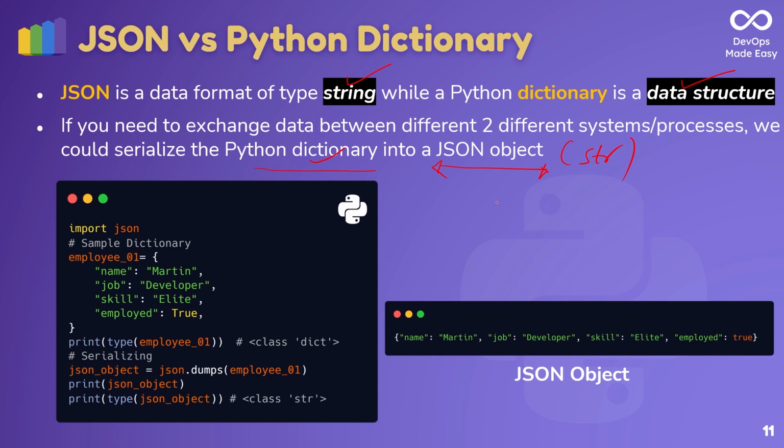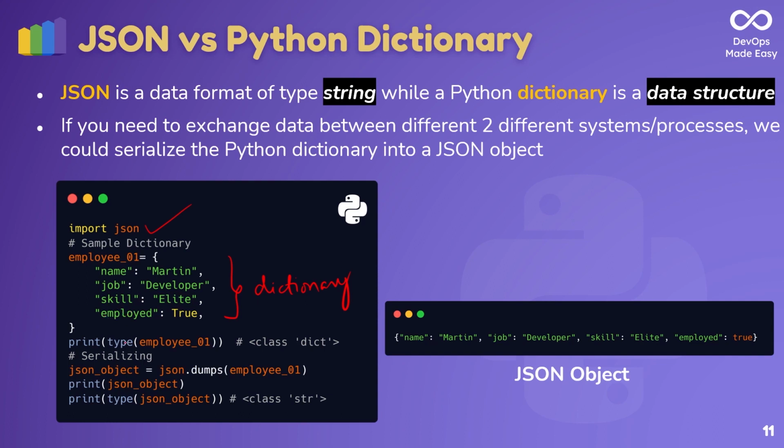We can even prove this programmatically. For this, I have an example program written in Python. I'll be using a dictionary as an input. I'll be importing the JSON library, and then I have here employee1 as a dictionary, and the values are name, job, skill, and whether he is employed or not, as a complete dictionary.